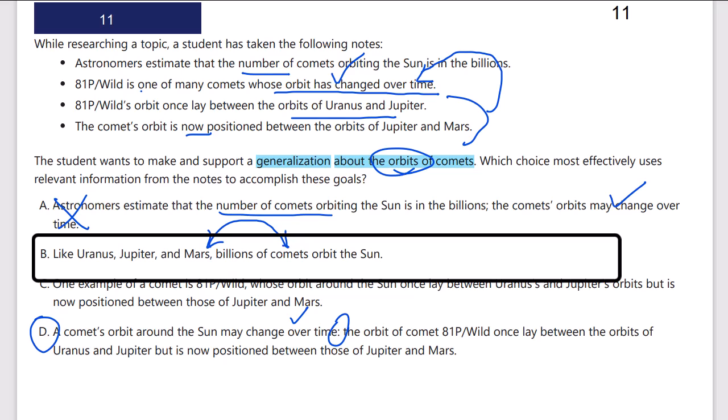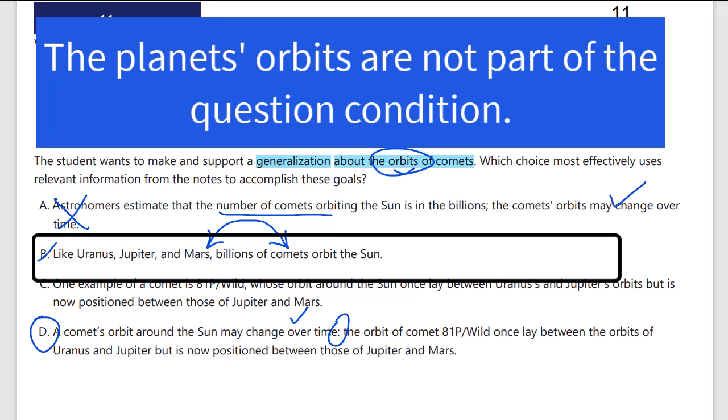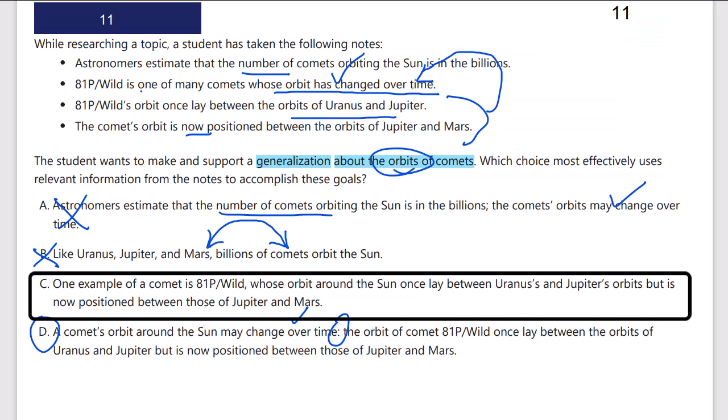That is a generalization or a similarity, but that is not what's outlined in the bullet points. That's not the main idea here. So that's not going to be the right answer. C, one example of a comet is 81P Wild, whose orbit around the sun once lay between Uranus and Jupiter's, but is now... okay, these are the examples, but it is not the generalization. So that's too specific. It's not right.